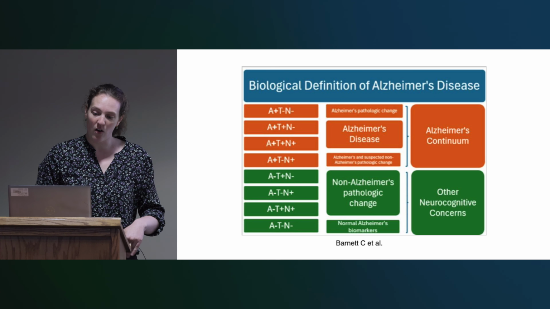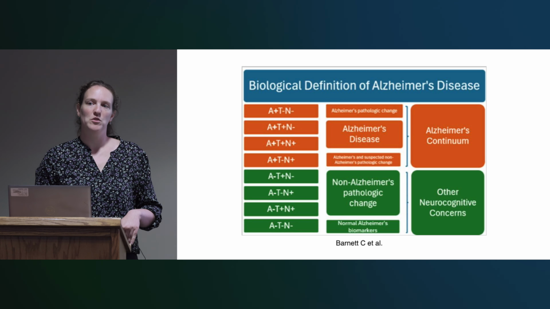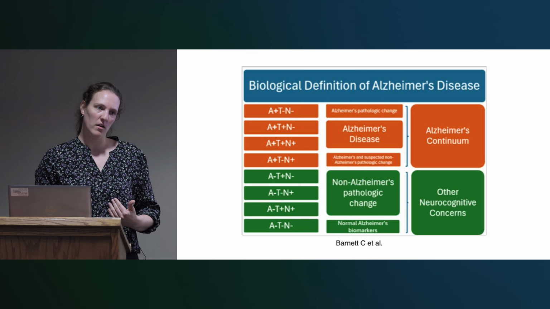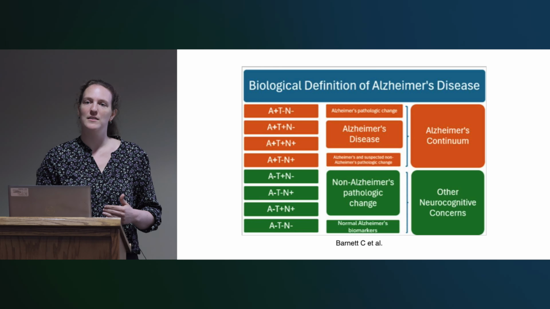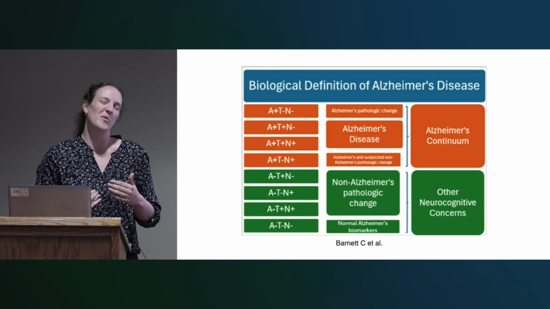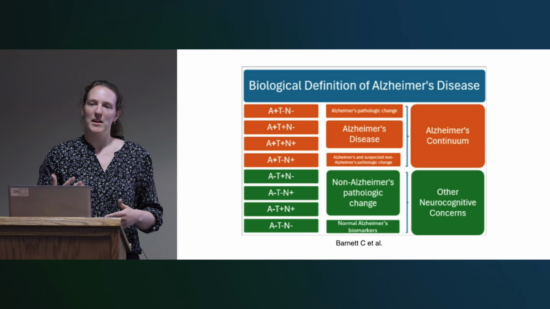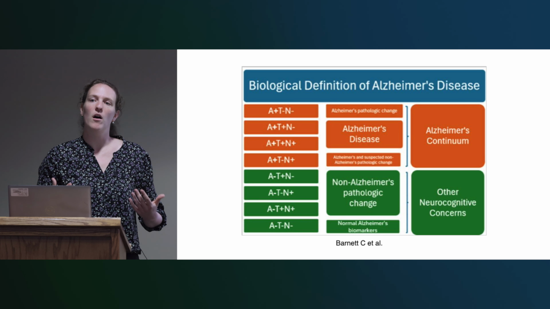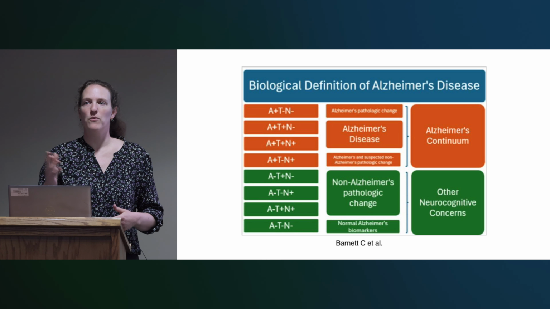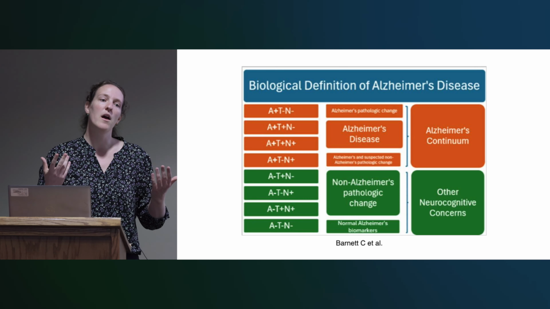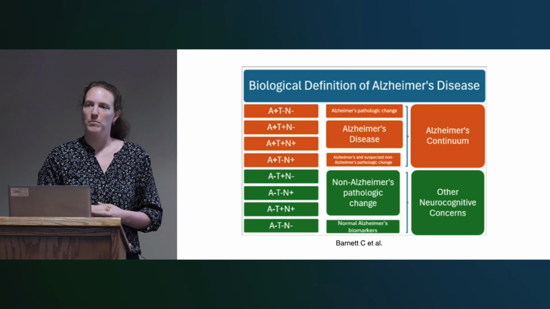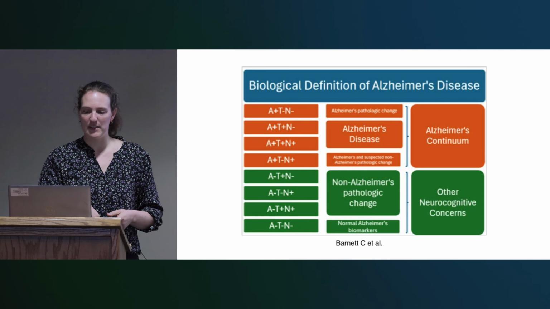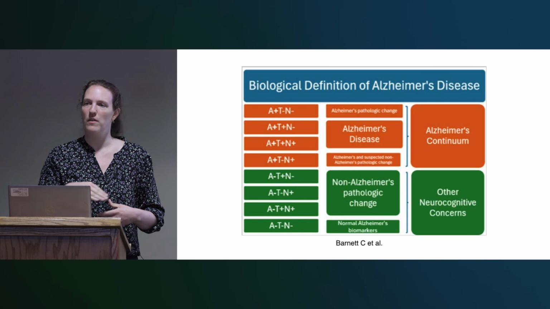We also have a non-Alzheimer's pathological change, which means there's something going on, but we don't have enough sensitivity in population studies yet to know exactly what that means. But it does lead to concern that there could be some other dementia process going on, whether that be frontotemporal dementia or prior strokes or some other active process. And of course, if it's negative, then that would be normal, if all of them are negative.